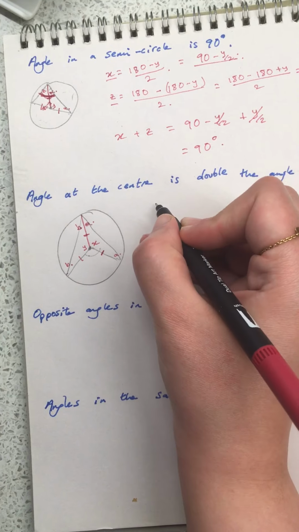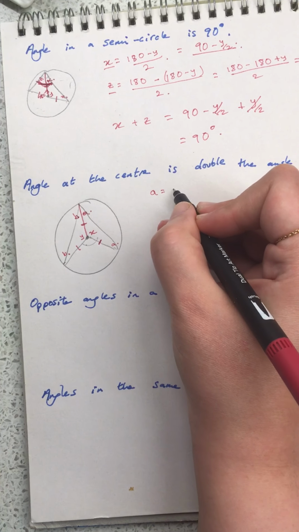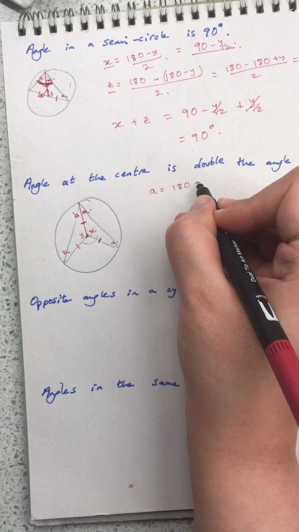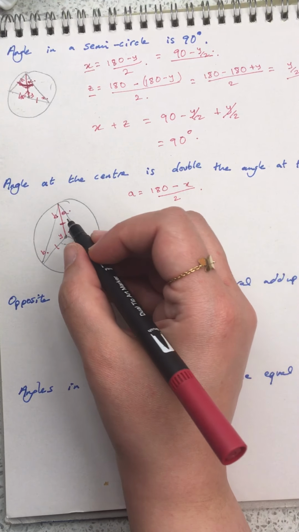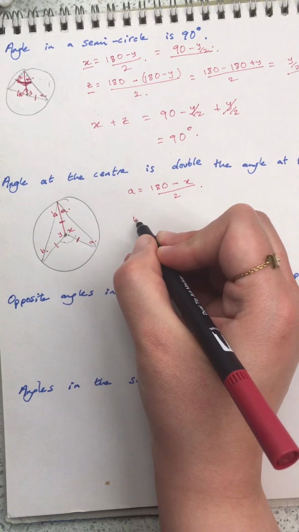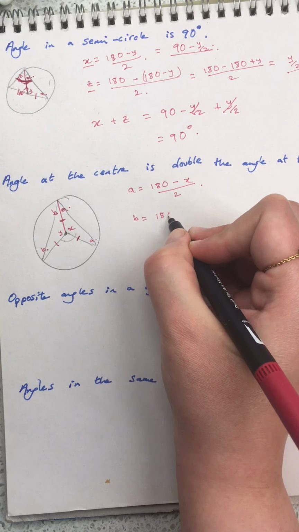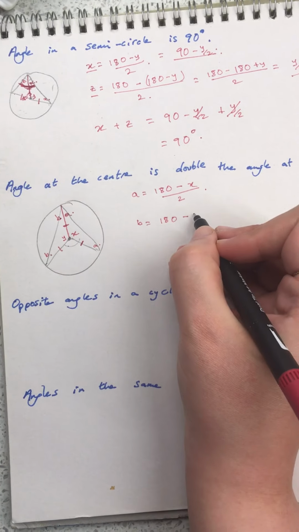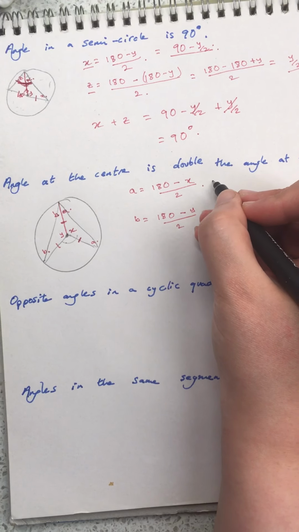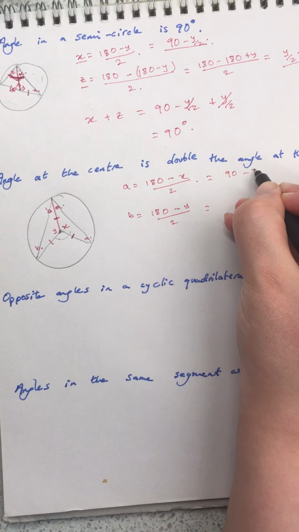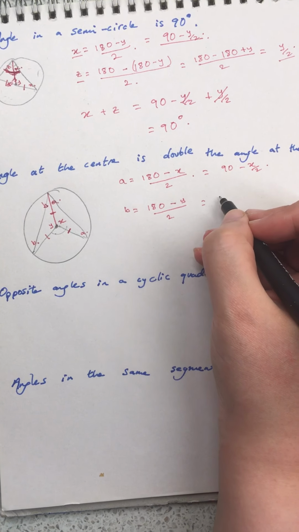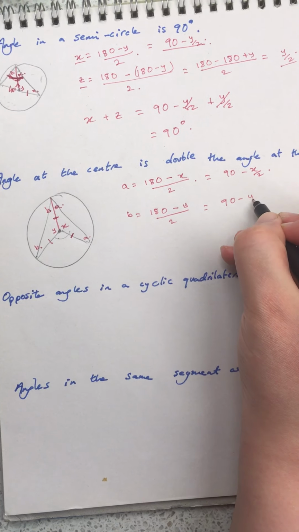If I was to find a, a is equal to 180 take away x and divide by 2. And then b is equal to 180, so angles in a triangle, take away y, divide by 2. I tidy them up, so that's 180 divided by 2, 90, take away x by 2, and this is again 90, take away y by 2.